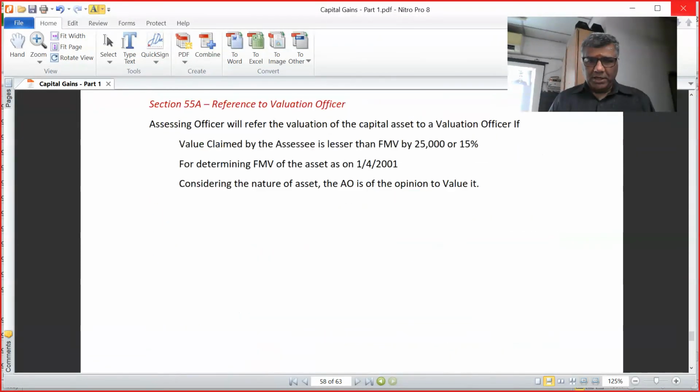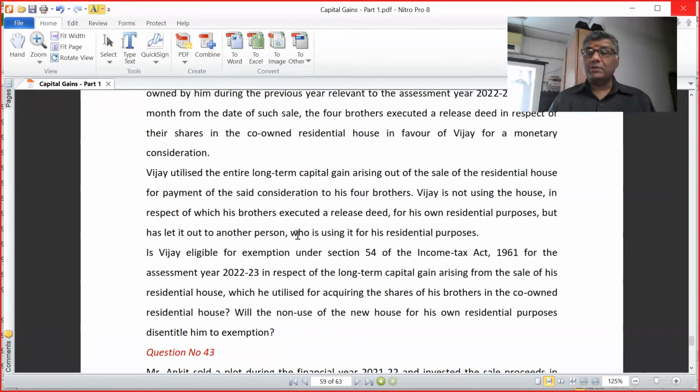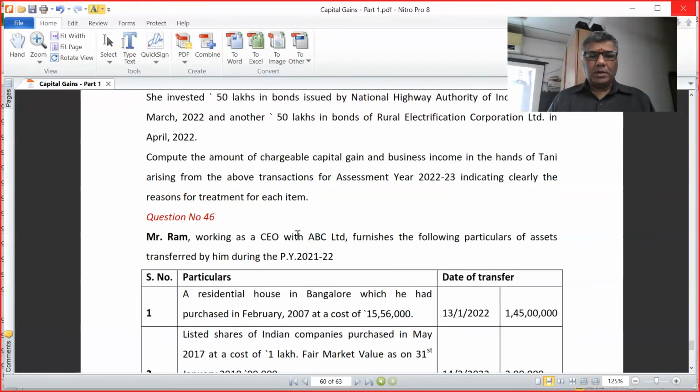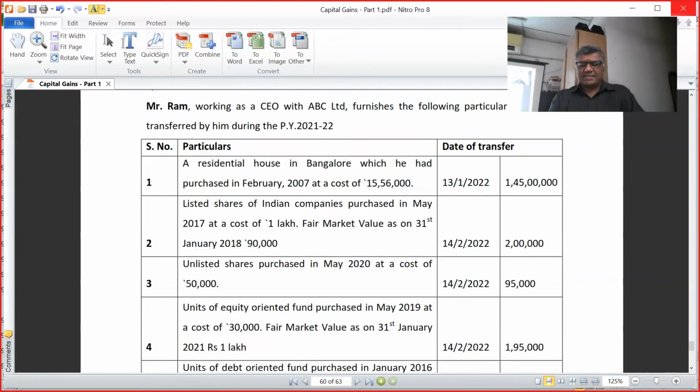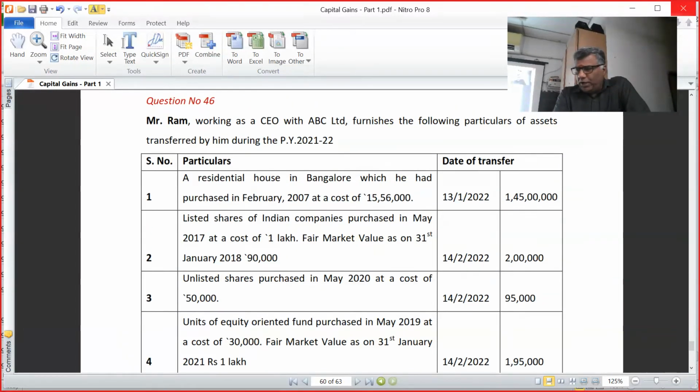The material in your hand might be little different for you people, but it will be the same question. I am looking into question number 46.